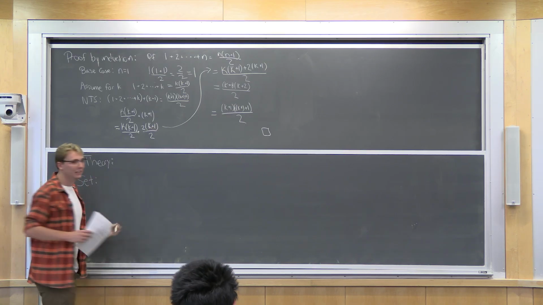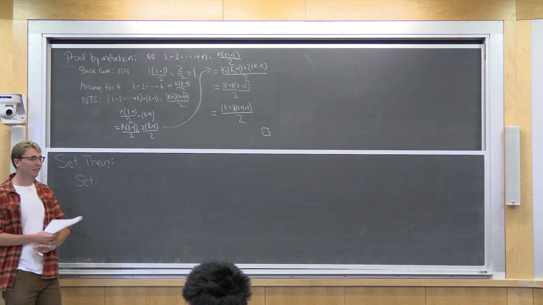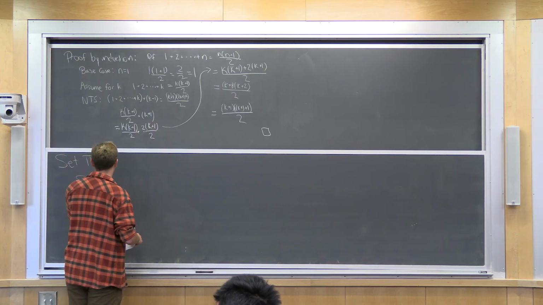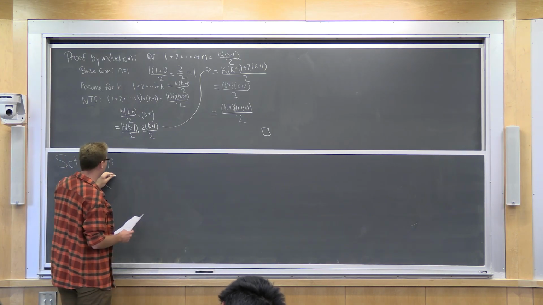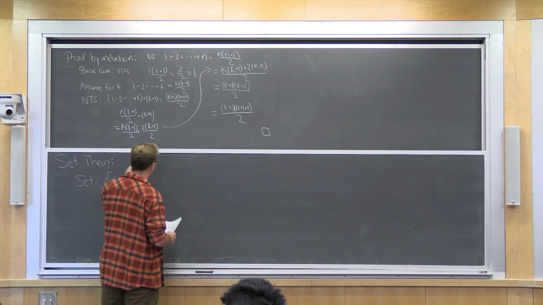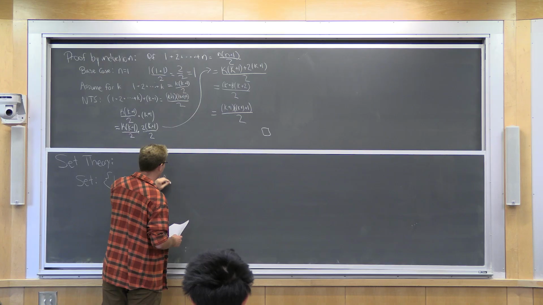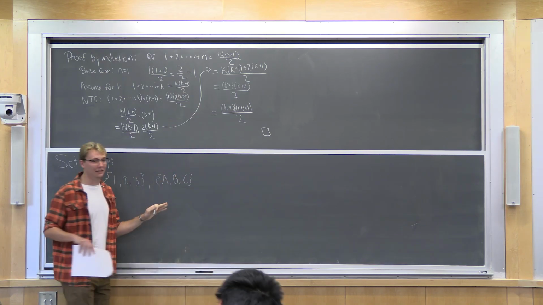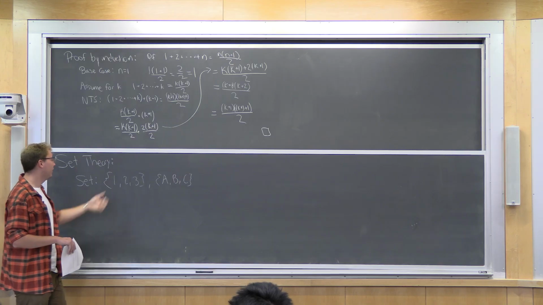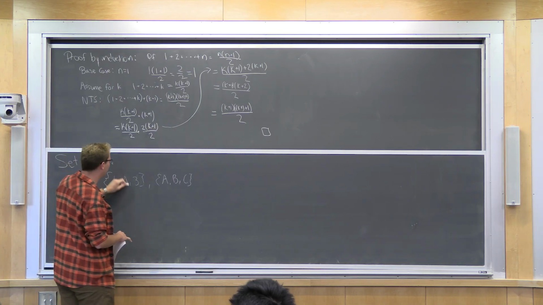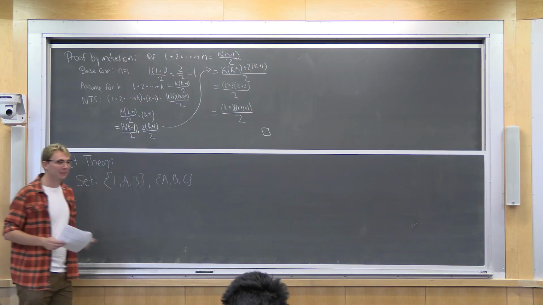So, a set is a collection of any objects whatsoever, and it's denoted with curly braces. So you have the set containing 1, 2, 3, the set containing letters A, B, C. Literally anything can be an element of a set, and they don't all have to be the same. You could have 1, A, 3, it doesn't matter.